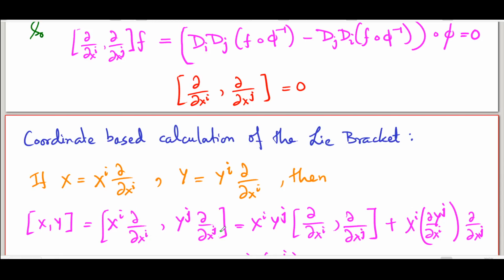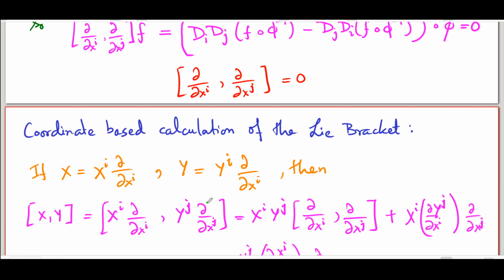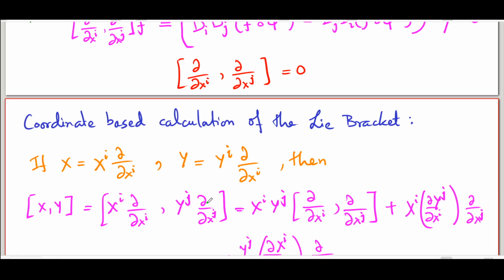Remember, you have to change the dummy index. You cannot use the same two dummy indices in the two expressions, so that you don't confuse between the two dummy indices. But after that, it's a straightforward application of the formula that we had derived before. The summation, which is implied by ij, is automatically taken care of because of the linearity property of the Lie bracket.